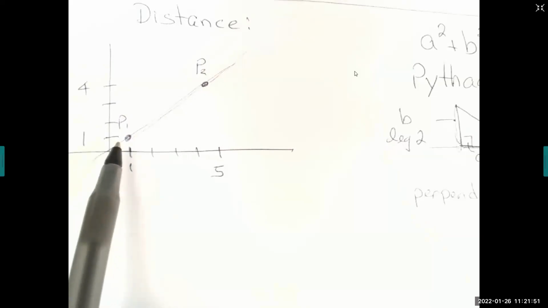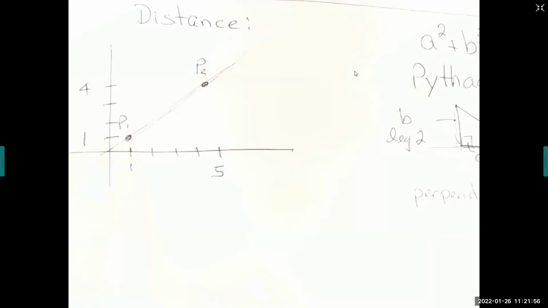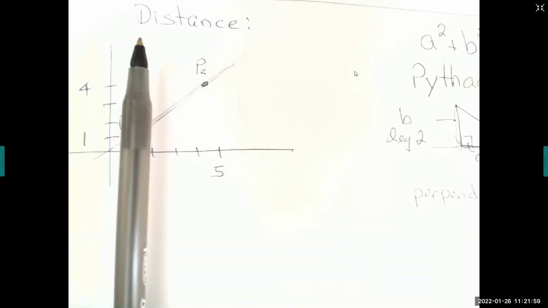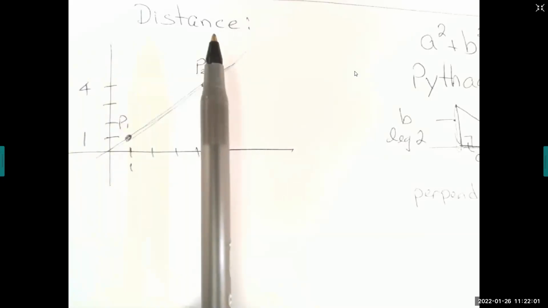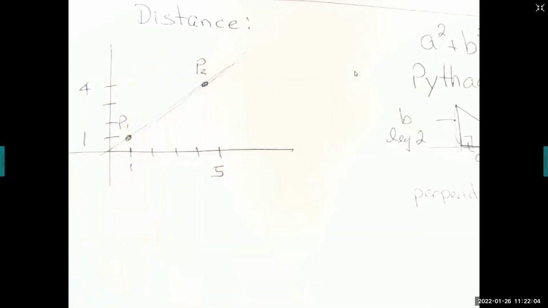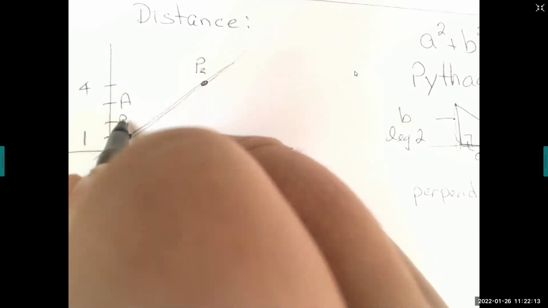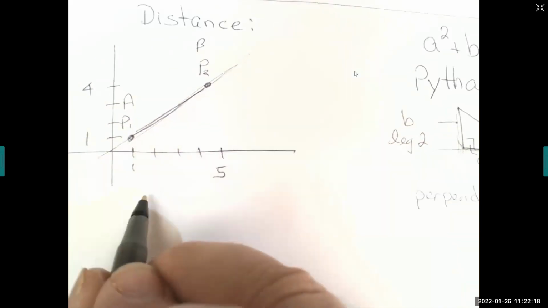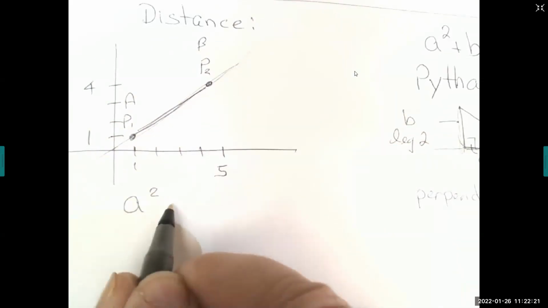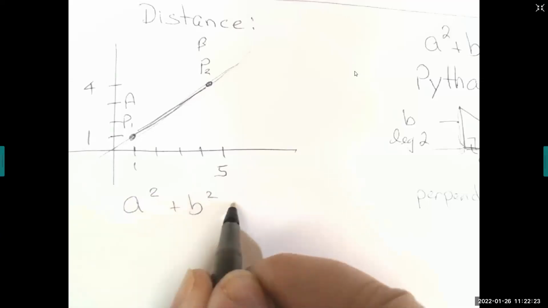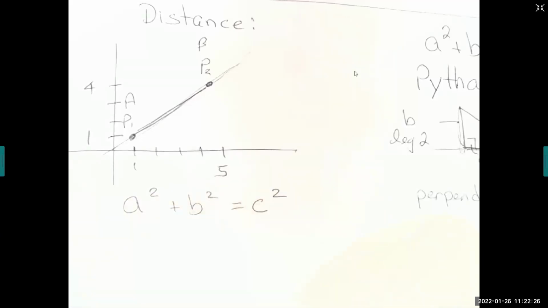Why is that one called point 1? Yeah, as we're reading left to right, it's the first point we get to, the second point we get to. So the distance between point A, point 1, to point B will be determined by a squared plus b squared equals c squared.